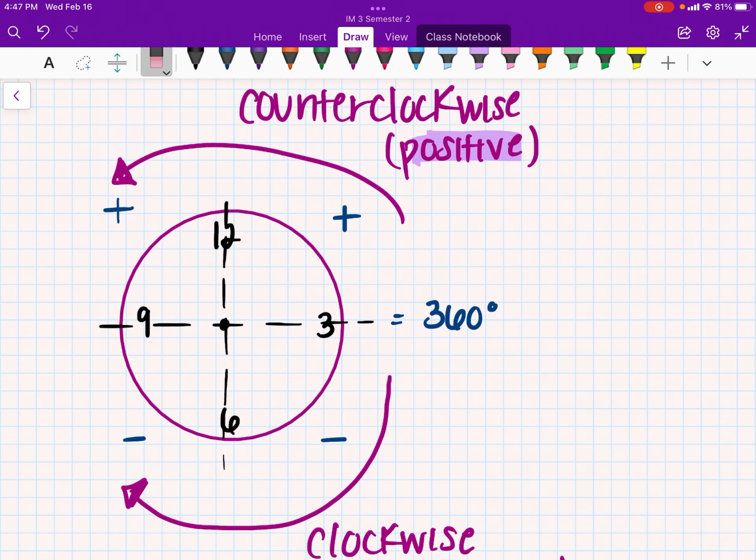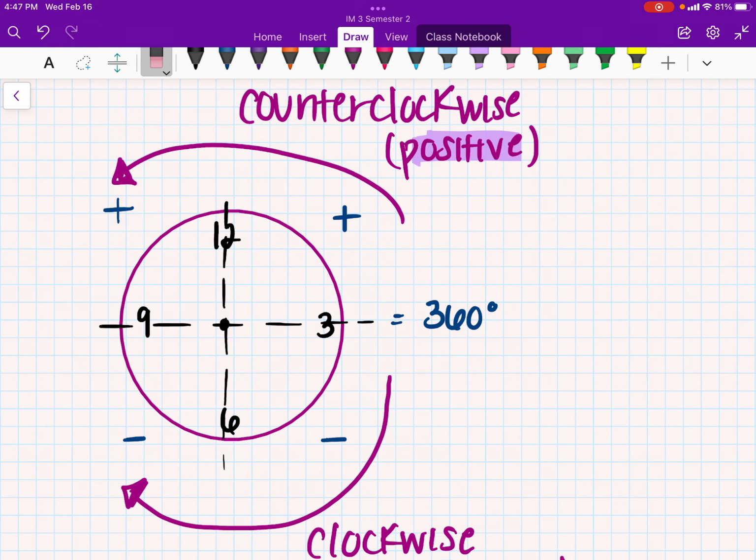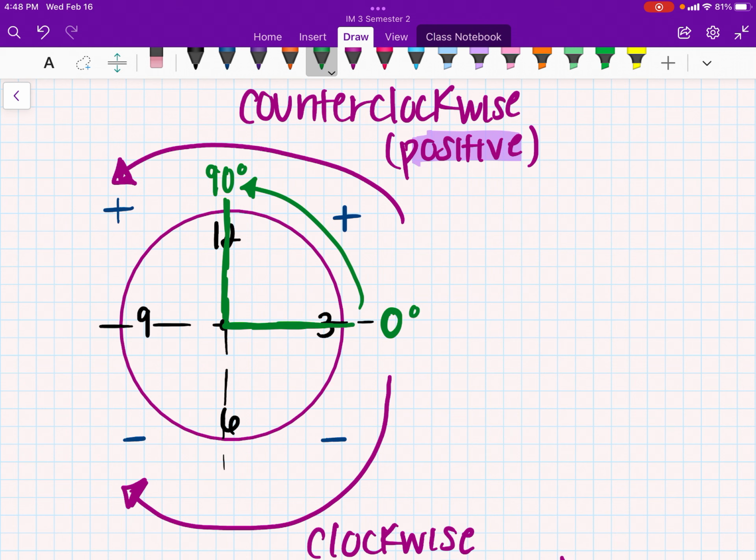If we start off at 0, I'm going to do it in green. This would be our starting point, 0 degrees. If I go up from here, going this direction, that is going to be a 90-degree angle. So 90 degrees would be this here. From there, guys, that is 90 degrees.